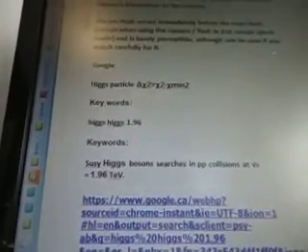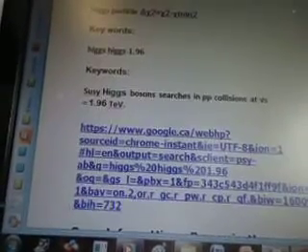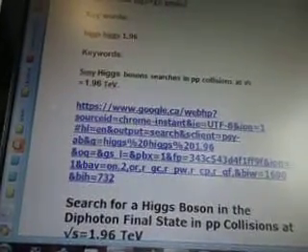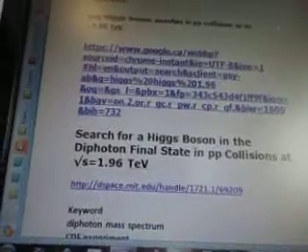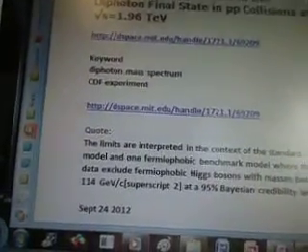So I googled the Higgs particle with this calculation. It says Higgs 1.96, SUSY Higgs boson searches in PP collisions at √s = 1.96 TeV. I got a Google link there. Search for Higgs boson in the Diphoton final state in PP collisions at √s = 1.96 TeV from dspace.mit.edu.